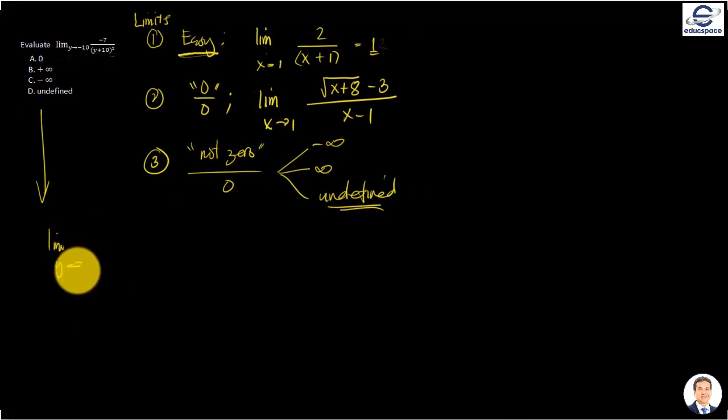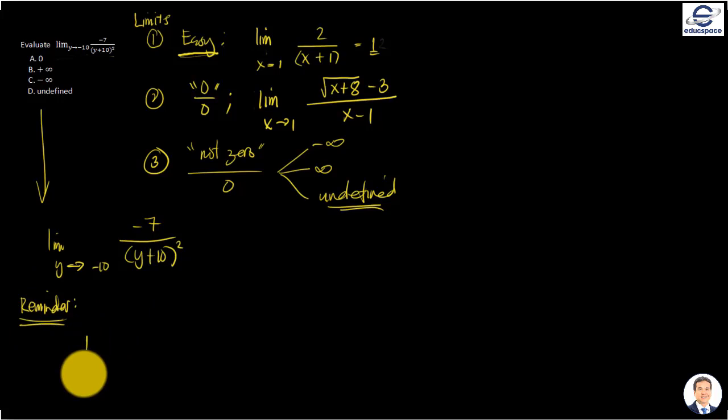So again, y approaches negative 10, and then negative 7 over y plus 10 squared. Another reminder from algebra: if we have a number here, and we divide it by a very small number, let's say 0.0001, we're going to have 100,000 here, which means a huge amount.